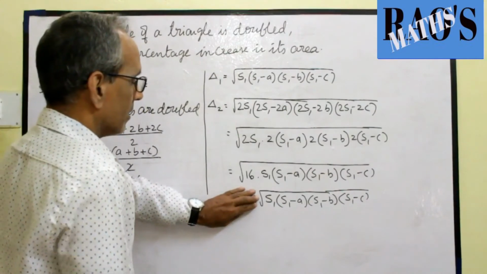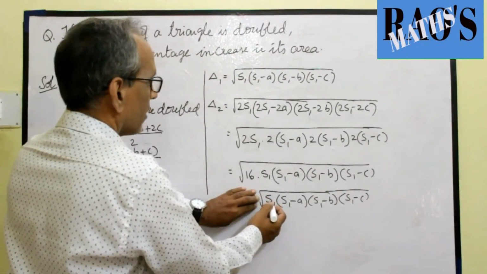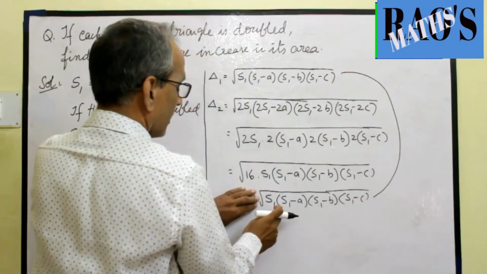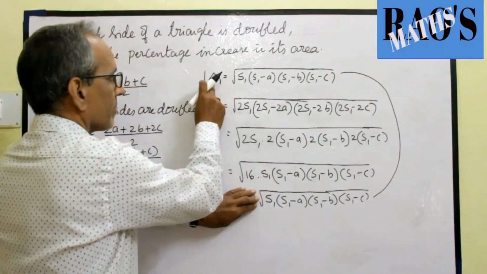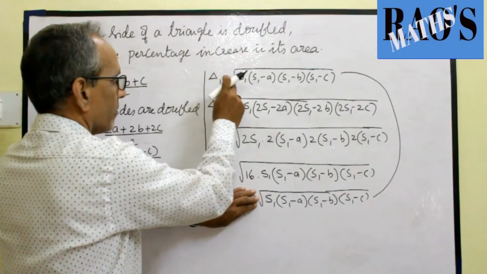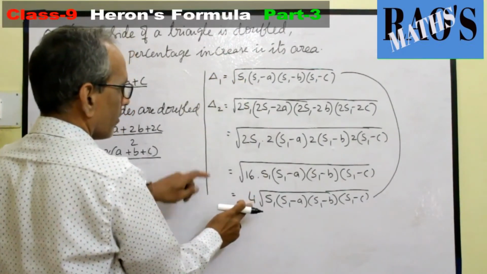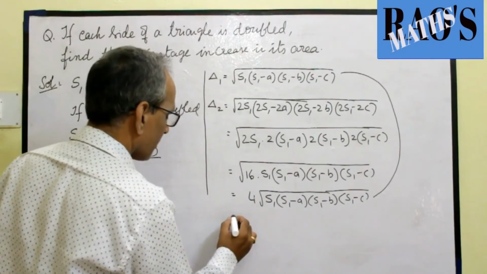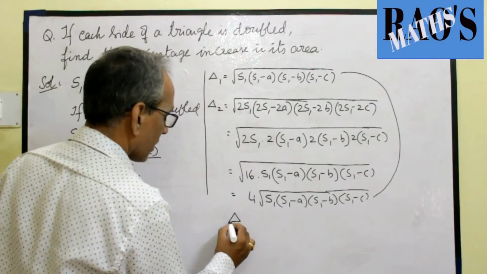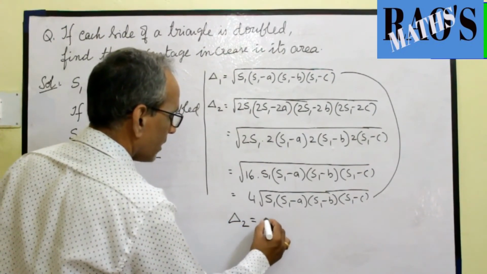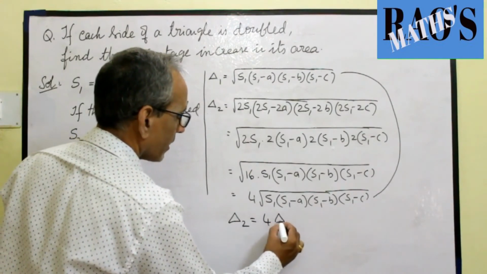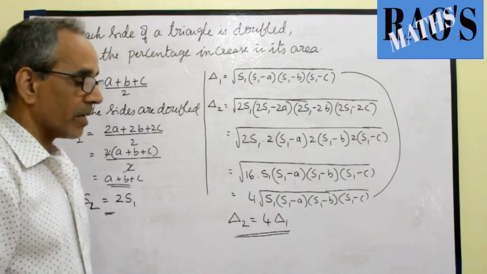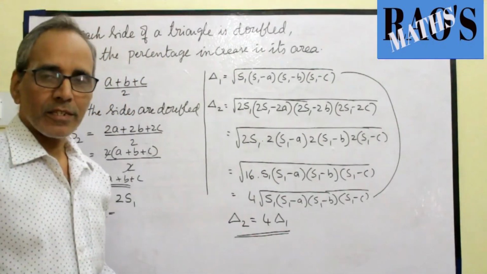So what is this formula? See this, this is the area of triangle 1, but when it is multiplied by 4 we are getting the area of triangle 2. So I write here, therefore triangle 2 area is 4 times the triangle 1 area. Clear? Okay. How many times has the area increased? 4 times.